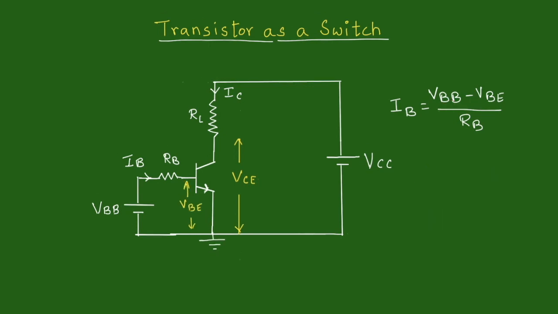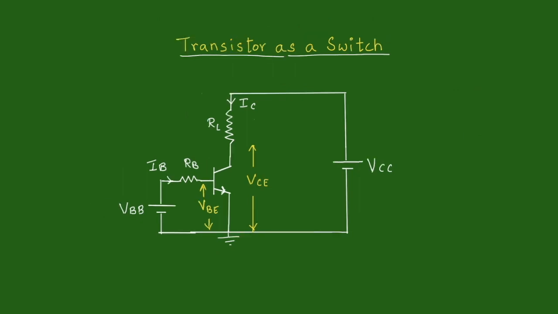Whereas if we select VBB a larger value such that base to emitter junction gets forward bias, we can have IB greater than 0. Hence, let us have a look at this circuit once again and see what two values we can select for VBB, which will keep operating point of the transistor either in cutoff region or in saturation region, which will make this transistor work as a switch.